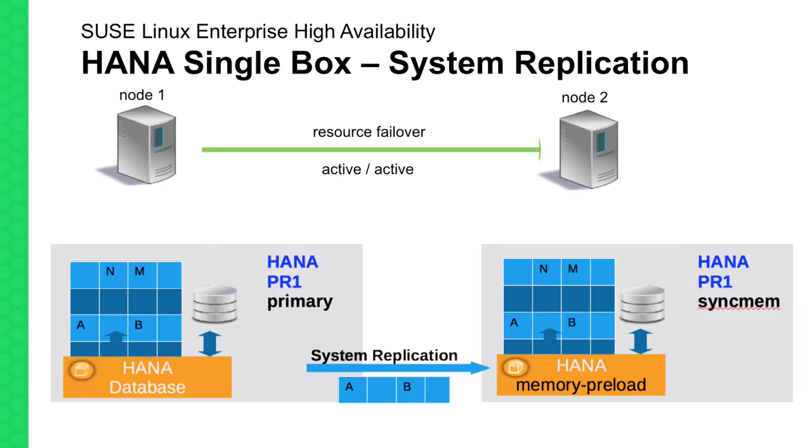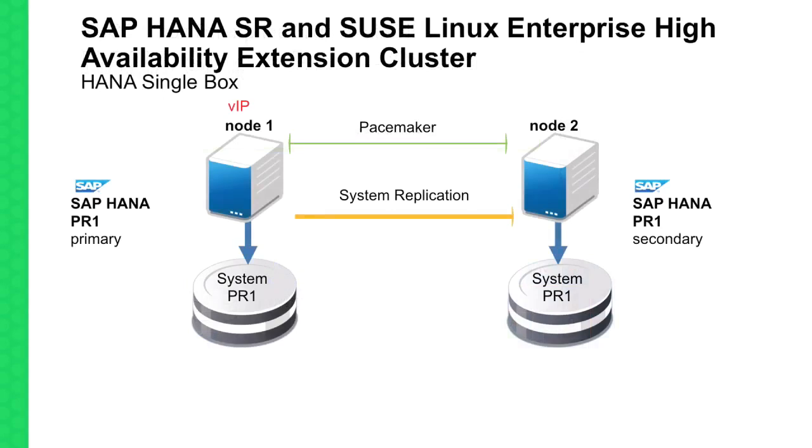Nothing monitors the nodes and takes action on some policies that you want to decide in order to manage the failover in an automated way, okay? And that is where the High Availability Extension from SUSE comes into play, okay? Basically, we use Pacemaker and Corosync to add some intelligence to the cluster, okay?